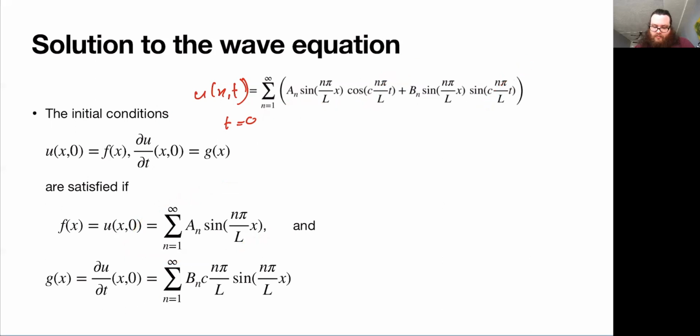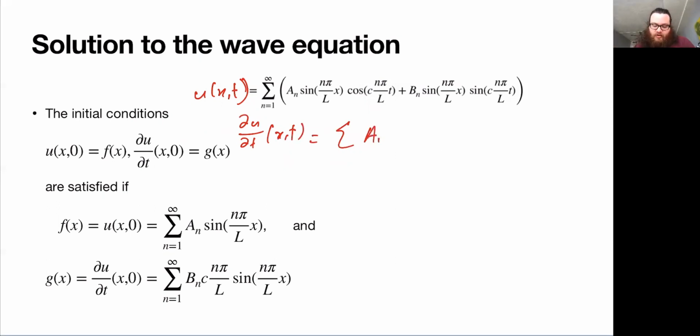Likewise, if we say the derivative at time equals 0 is something, first we need to compute the time derivative. So to do that, du dt at the point x comma t, just push the time derivative in.